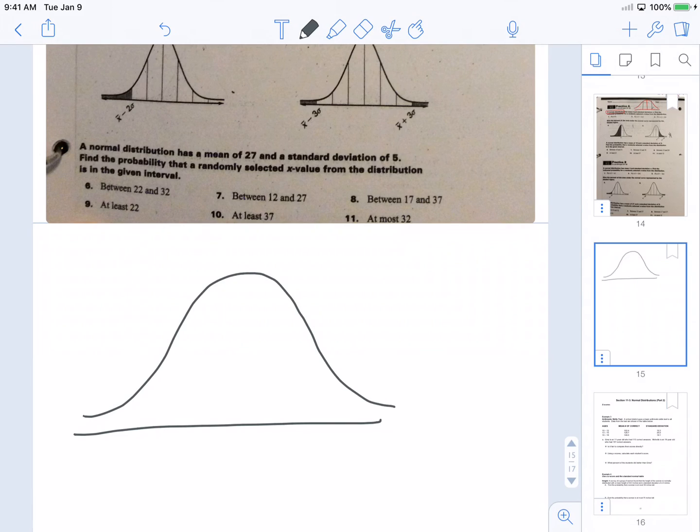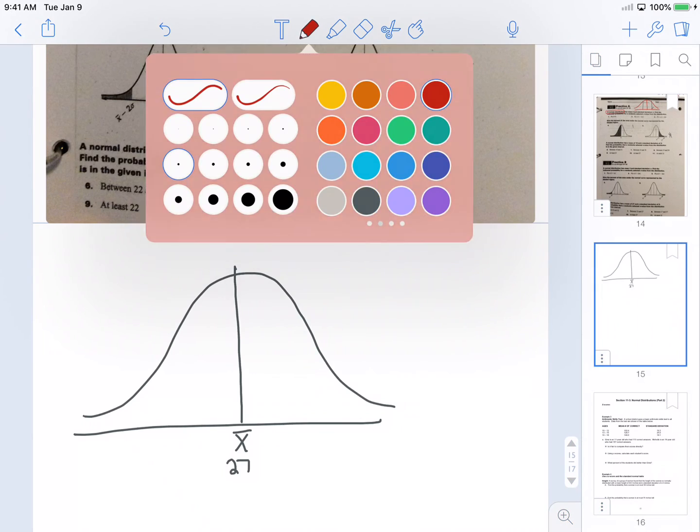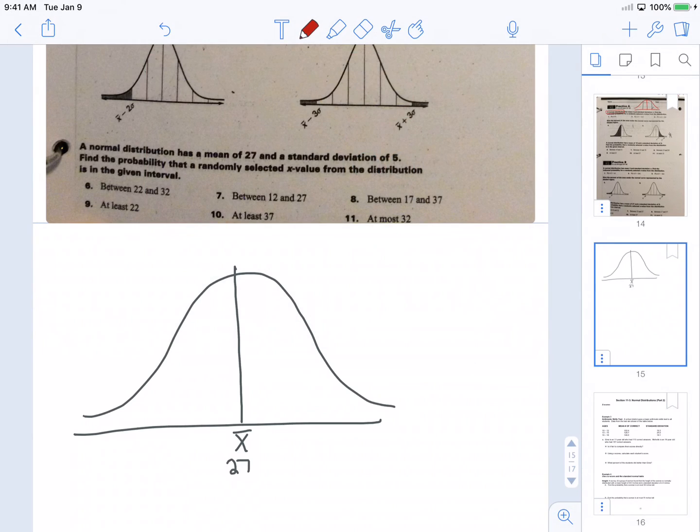This is in 11.3 part B. You are going to create your own curve with the information that's given. A normal distribution has a mean of 27. So 27 is the mean, that's in the middle. And then it says a standard deviation of 5. Find the probability that a randomly selected x value from the distribution is in the given interval.